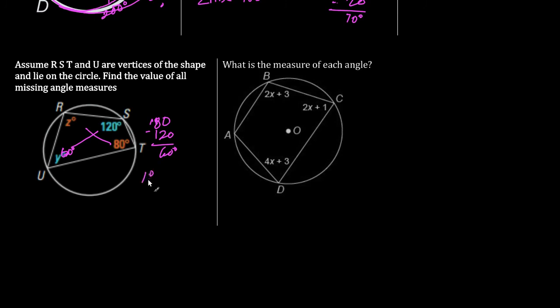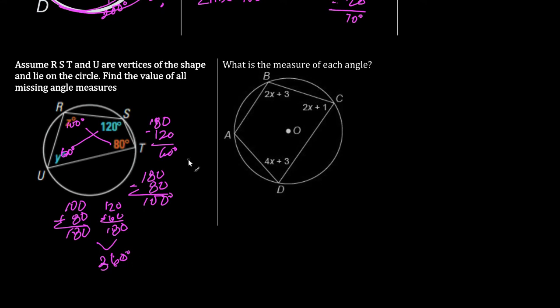So 180 minus 80 gives you 100 degrees. If we want to check our work, all we say is 100 plus 80, 180, 120 plus 60, 180, 180 plus 180 is 360, which is the total sum of a quadrilateral's interior angles.